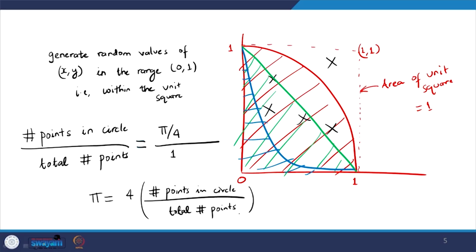And what we have been able to do is in fact an integration without even dividing the domain. All we did is simply throw points in that regime.